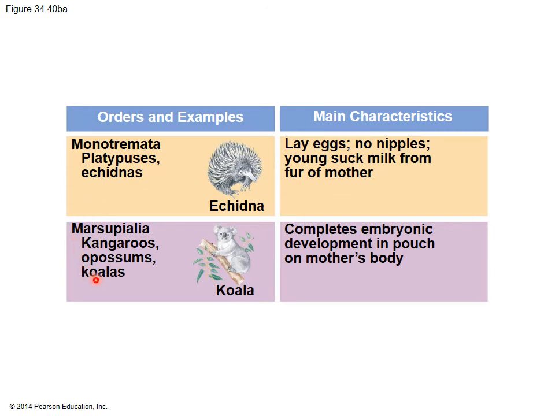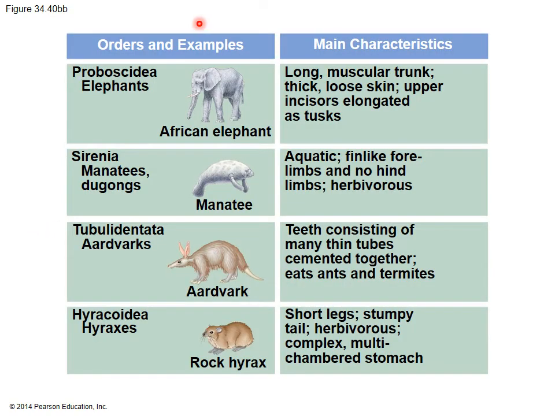Your marsupials, so they're the ones that complete the embryonic development in the marsupium, the pouch. So these are your Afrotherians, right? They originated in Africa, and that's not to say that they stayed in Africa, because you see some of these creatures all around the world.